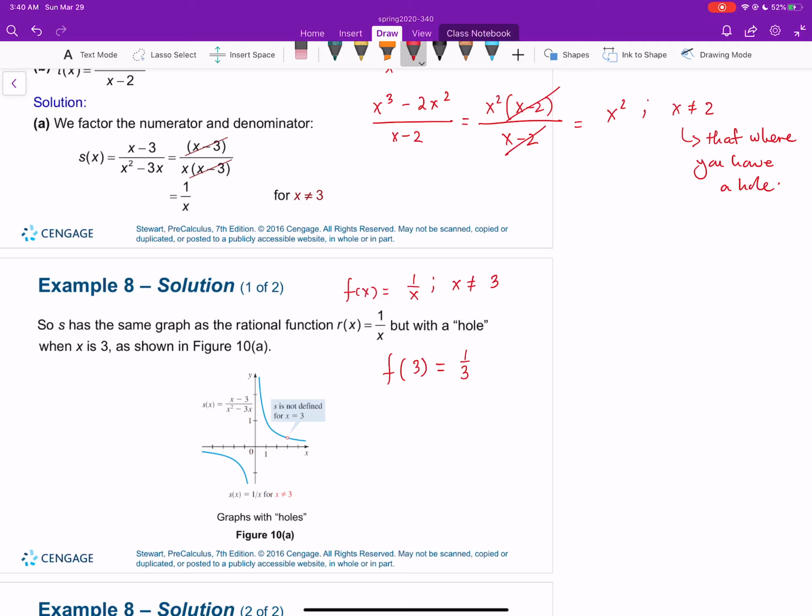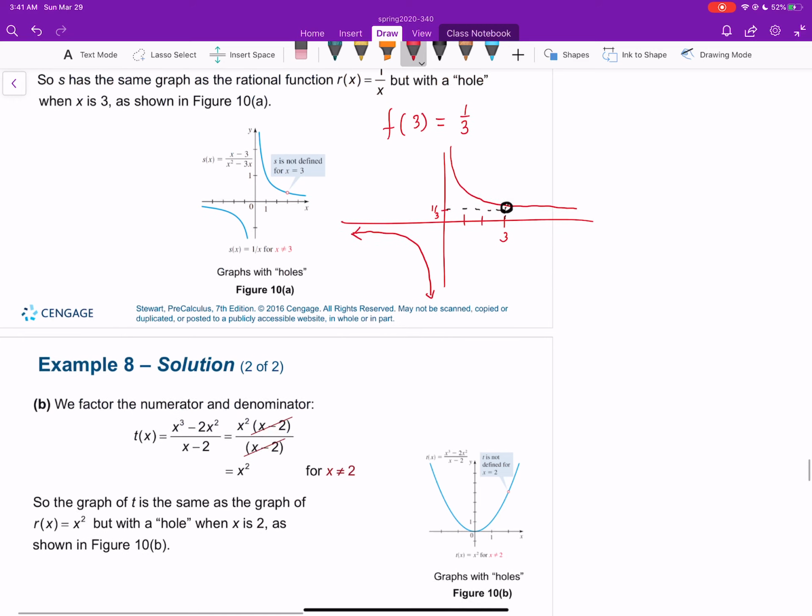So I need to locate that when I sketch that graph, when I reach 3, you know what I mean, right? I got a hole right at this location over here, and then I can continue sketching my graph. So to find the y value of the hole, you need to plug it into the simplified function so that you're able to find the location of that hole.